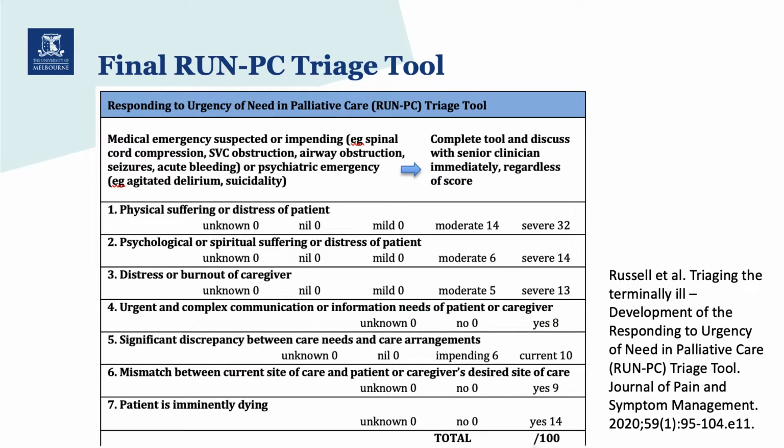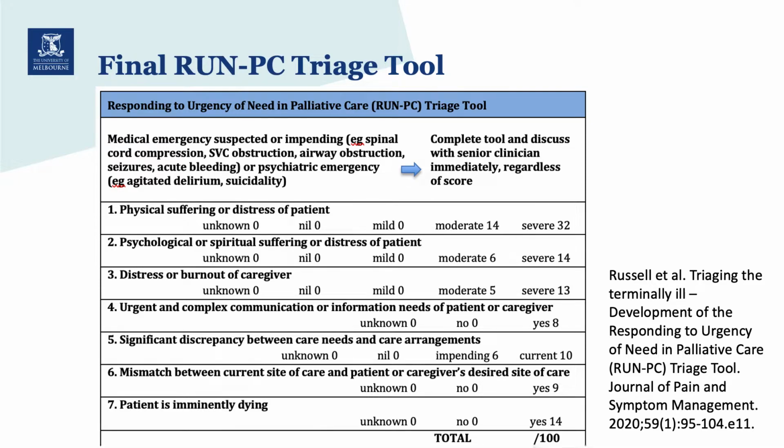So the final tool you can see here, it has an emergency caveat at the start. In our qualitative work, there was some discussion in the focus groups about this, but we wanted there to be some safety around if there was a medical emergency, suspected or impending, like a spinal cord compression, superior vena cava obstruction, airway obstruction, seizures, acute bleeding, or a psychiatric emergency like an agitated delirium or suicidality.